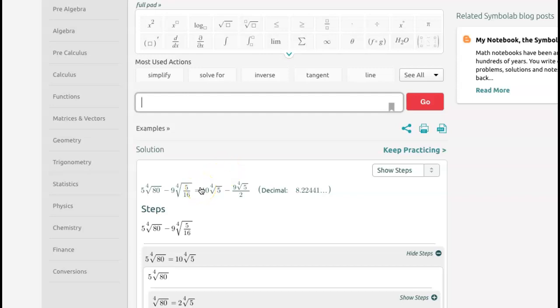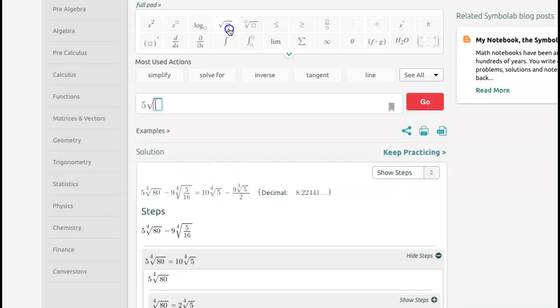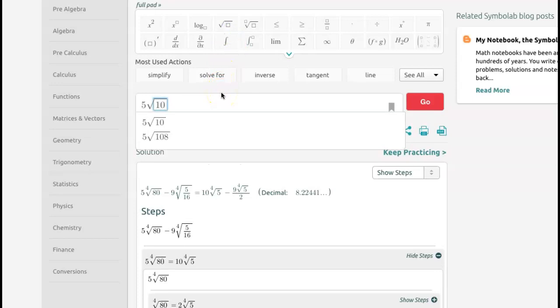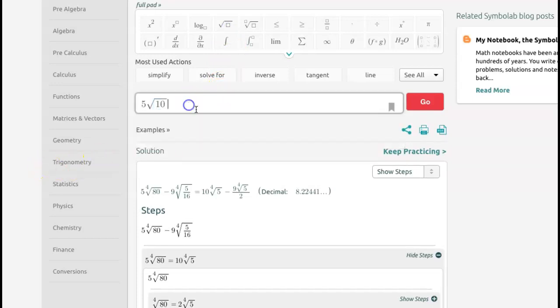So let's just take problem number 1, and 5 square root 10, and we'll click outside of that, and let's see, it's parentheses. I guess I'll just use my keyboard and do a parenthesis. Notice how it gives me a set there that I can fill in.